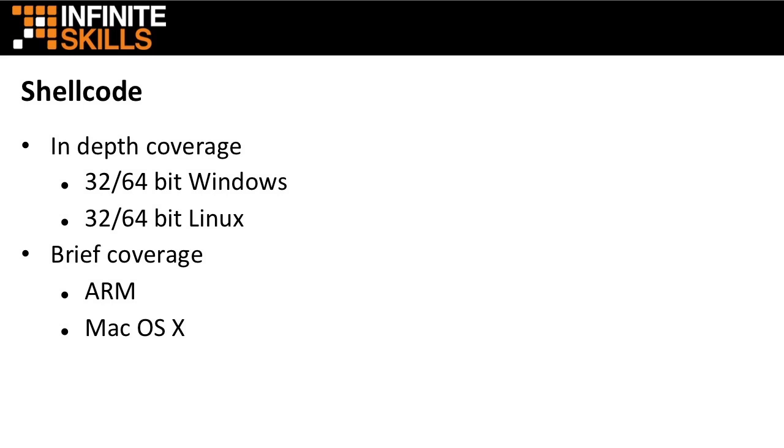So once you've found a vulnerability and you've determined that you can exploit it, you want to deliver some code to be run on the victim machine. That's called shellcode. So we're going to talk in depth about developing shellcode for 32 and 64-bit Windows and Linux. And we will also briefly cover the ARM platform and Mac OS X.